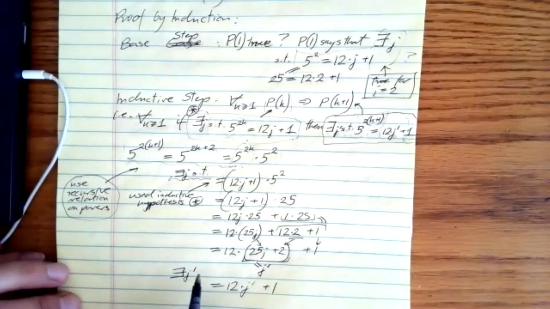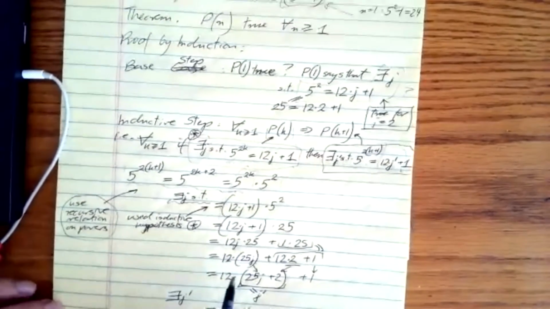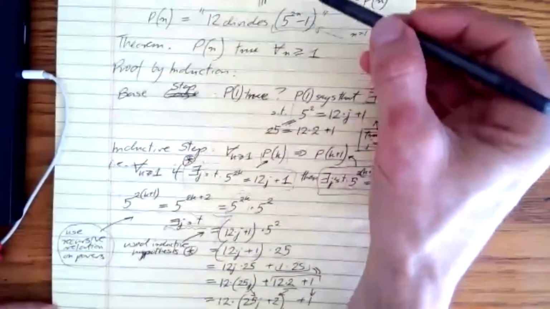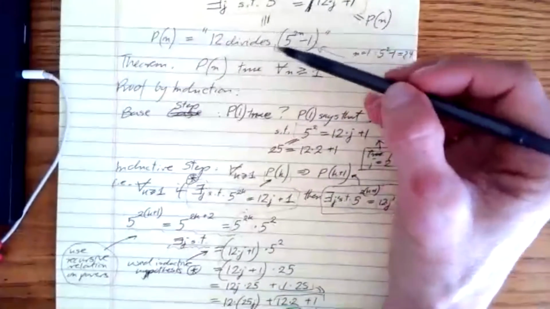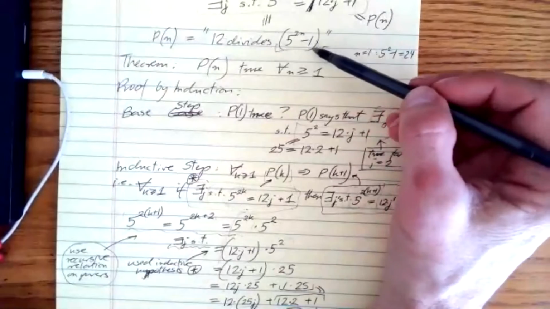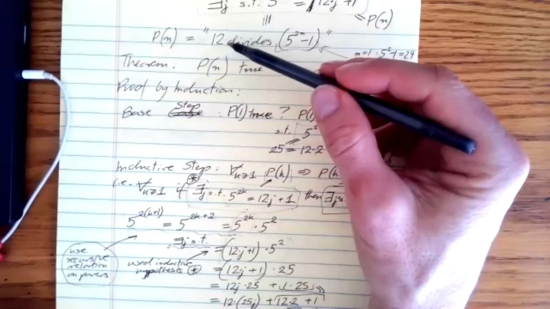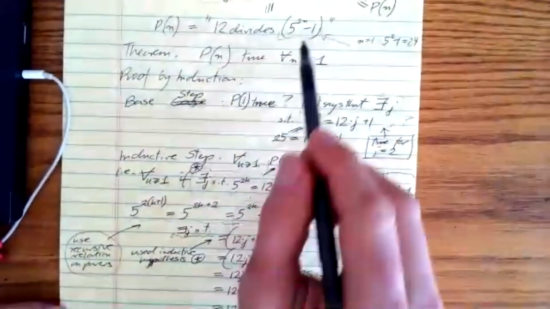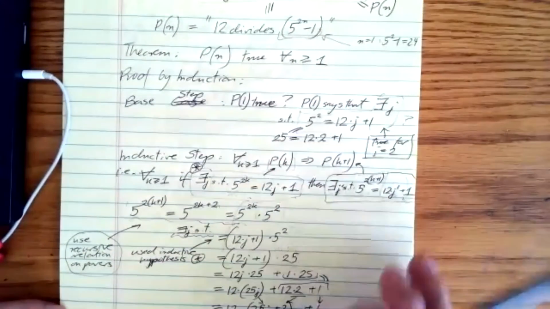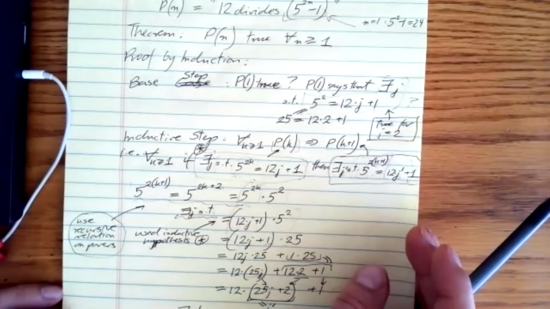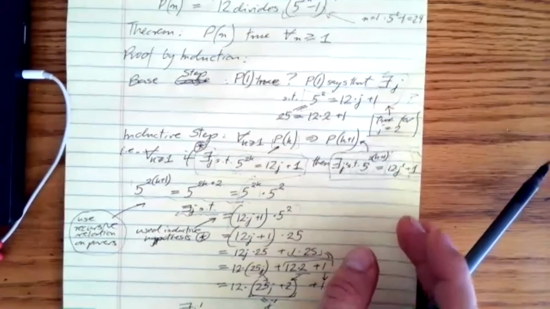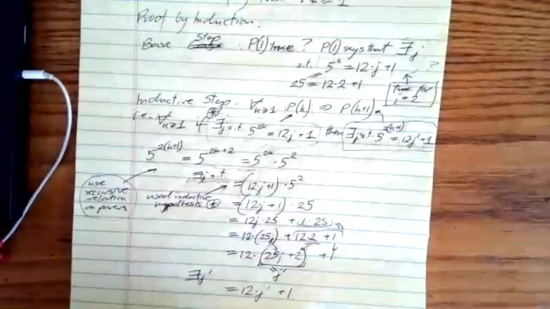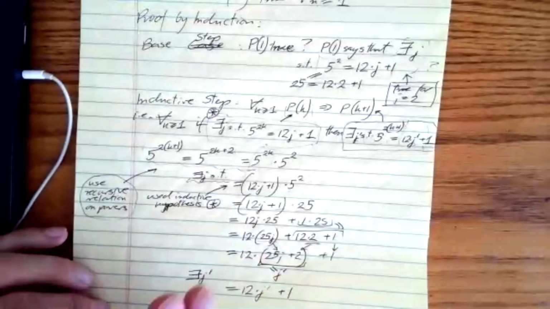It is perhaps less clear how I guessed this. How did we notice that these powers of 5 have this pattern, that they are always related to some multiple of 12 plus 1? Creating this kind of statement is sometimes not so hard, sometimes hard.